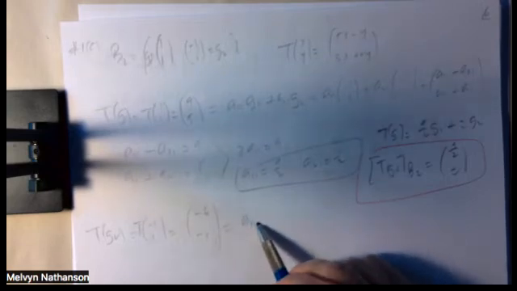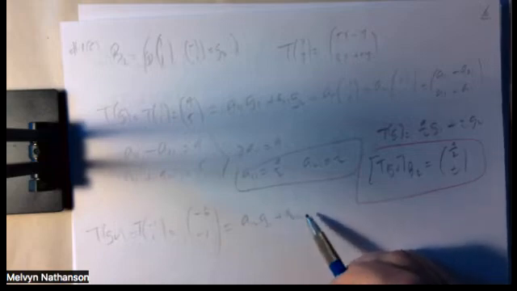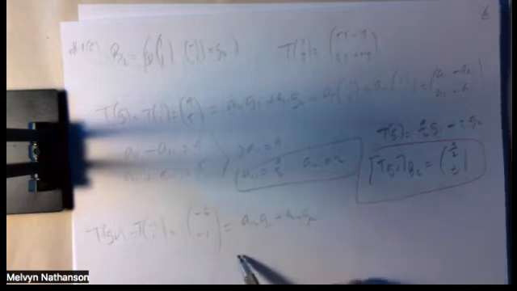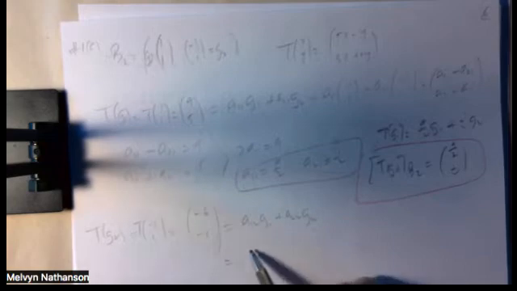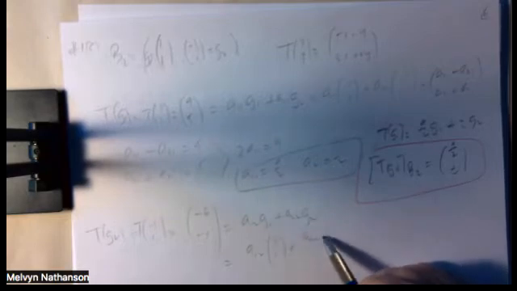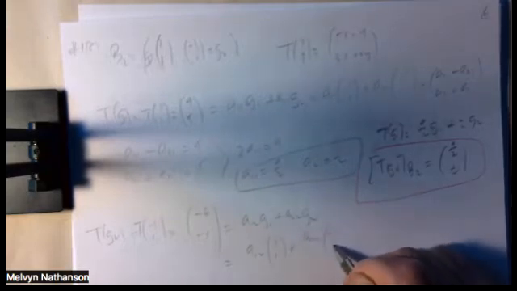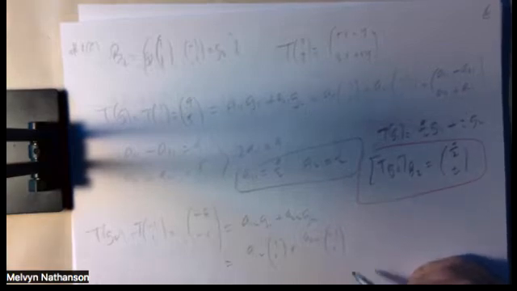I have to write that again as a linear combination of G1 and G2, which means A12 times the vector (1, 1) plus A22 times the vector (-1, 1).